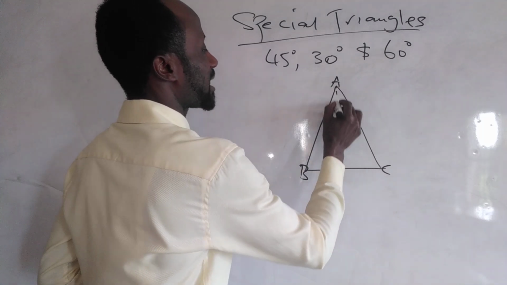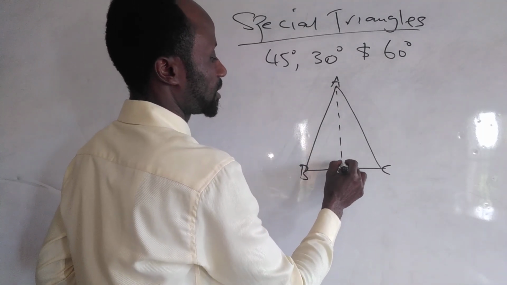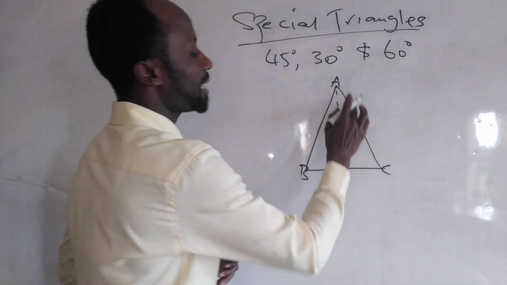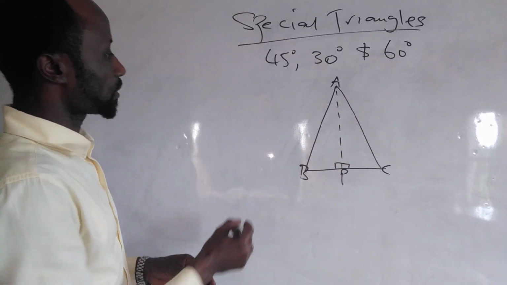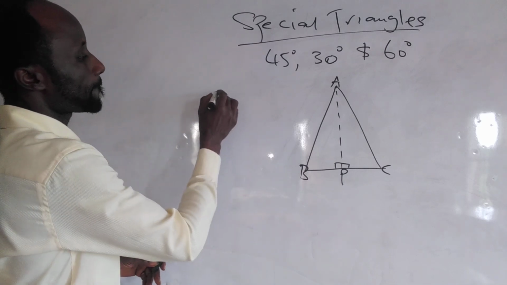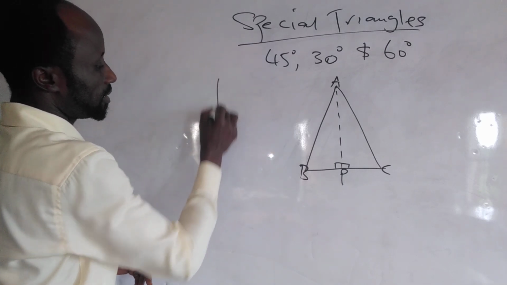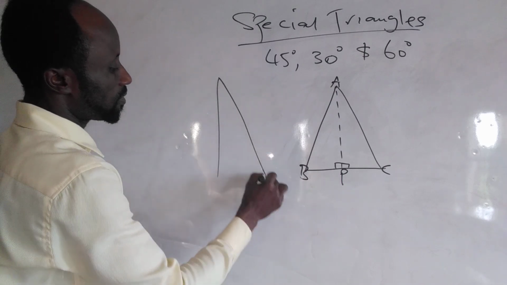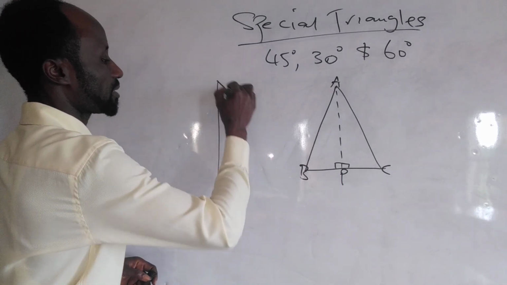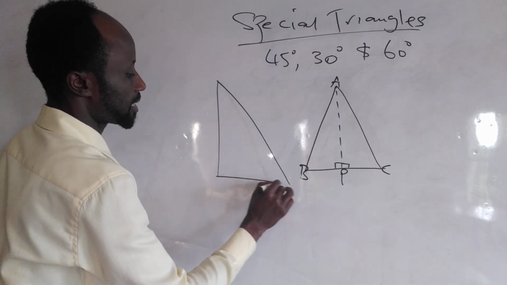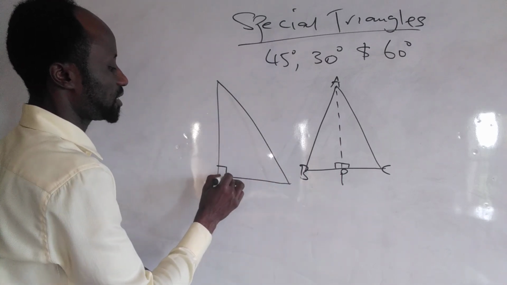So we're going to bisect perpendicularly, and now let me call this point P. Let me also bring out the right angle part of it. Alright, this is 90 degrees.